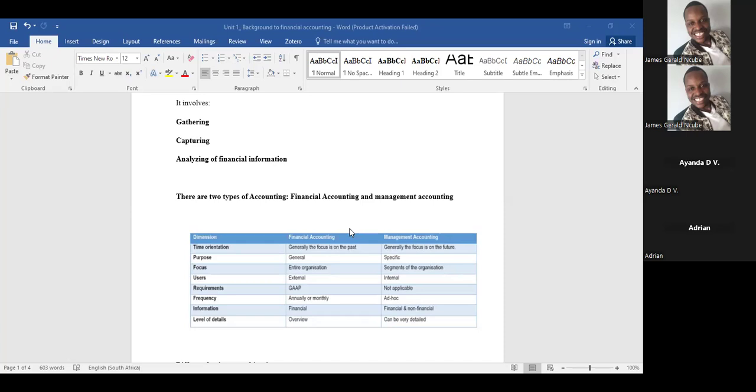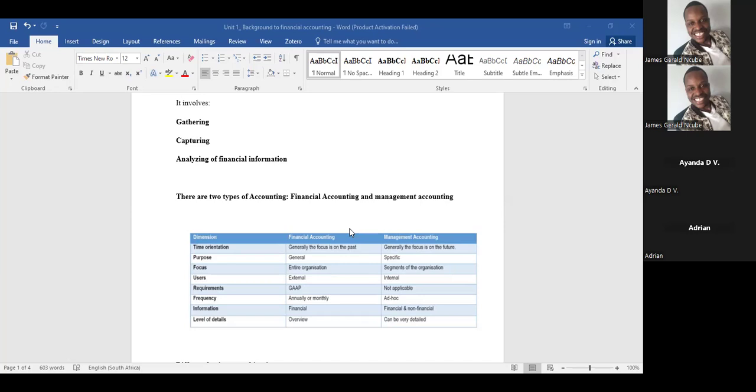Now, also the frequency. How frequently do we record financial statements for financial accounting? That is on a regular interval, annual or monthly. Whereas in management accounting, it's usually recorded only when necessary, right?